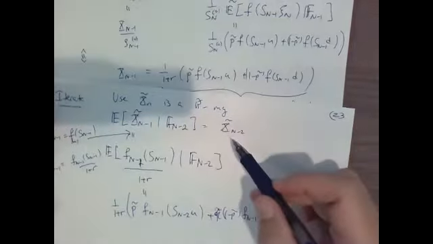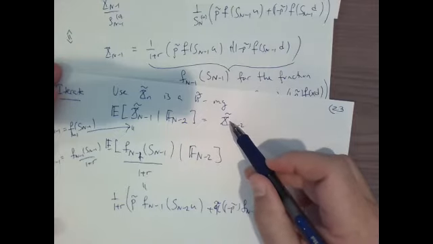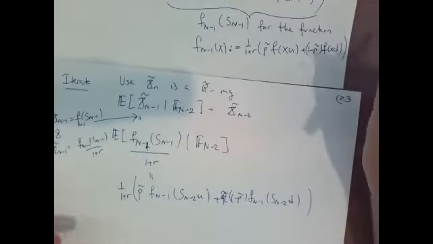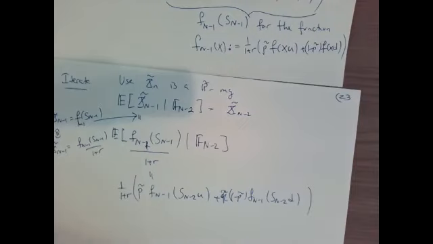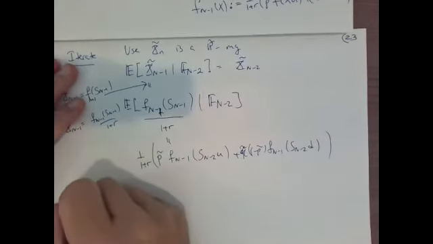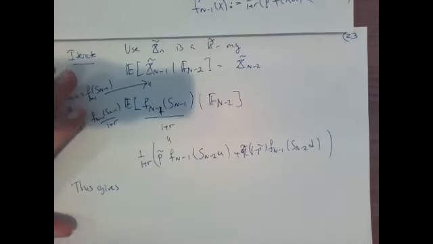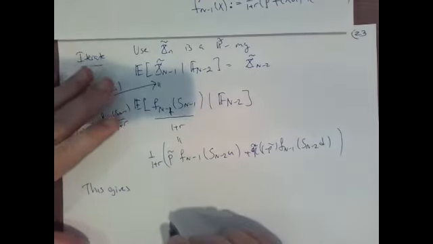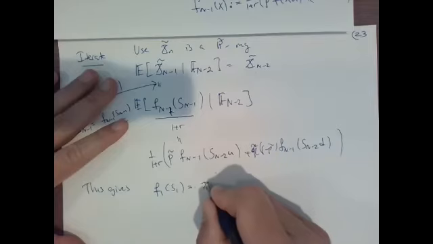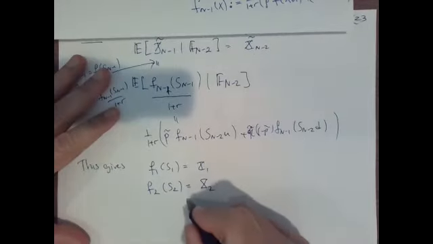Right, so that would be my X_{n-2} tilde, and that's the same formula as before, and you can keep going. This here will give you a bunch of functions: it gives you functions F_1 of S_1, which is equal to X_1. It'll give you F_2 of S_2, which will give you X_2, and so on.